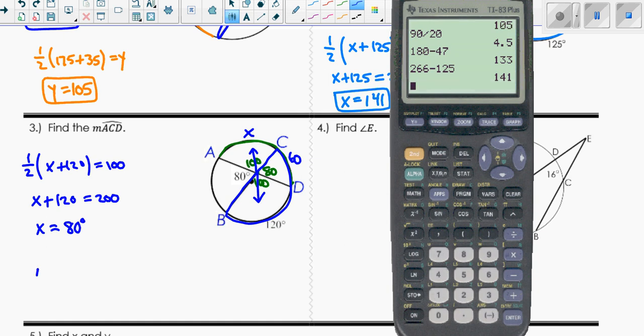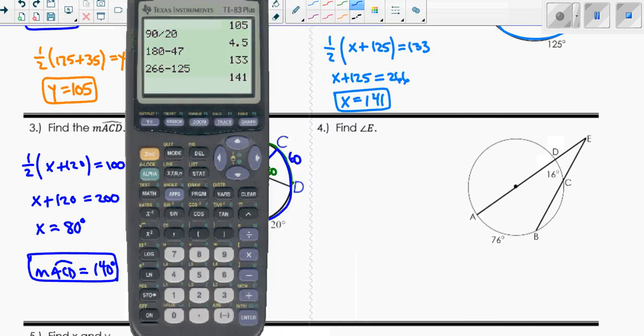But what I wanted to figure out was the measure of arc ACD, which is 80 and 60, so 140. Be careful that you don't stop and say that 80 is your answer. Always make sure you go back and check that that was actually the question.